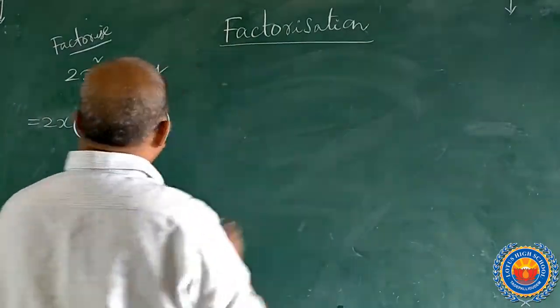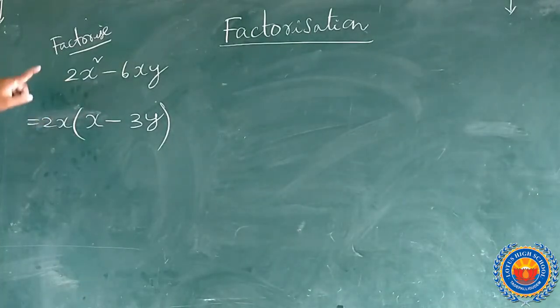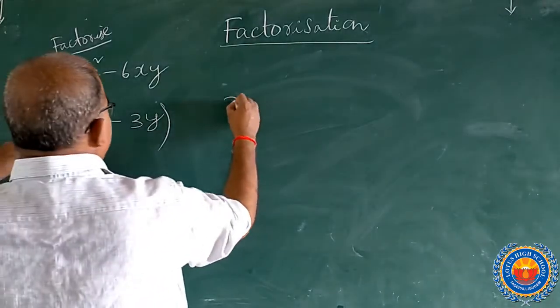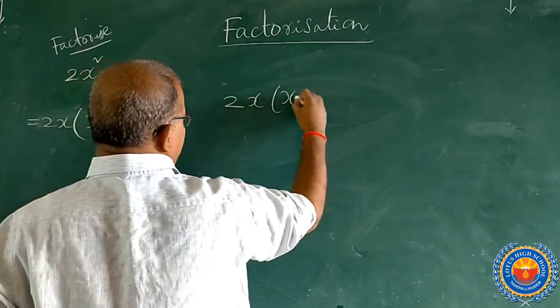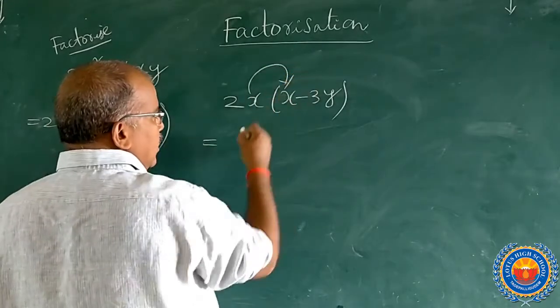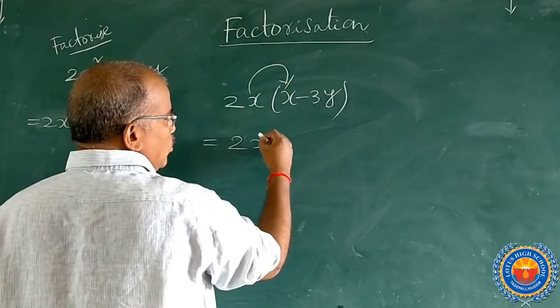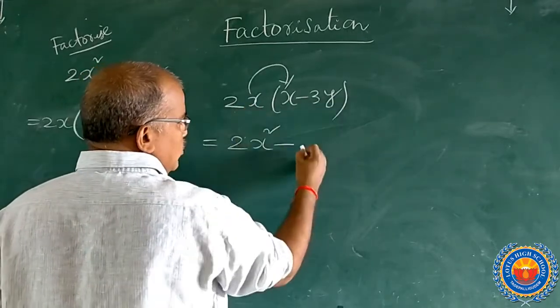How to check? This is the given sum, and this is the product form, the factorization. 2x into x minus 3y: if you multiply 2x into x, 2x square, minus 2x into 3y, 6xy.